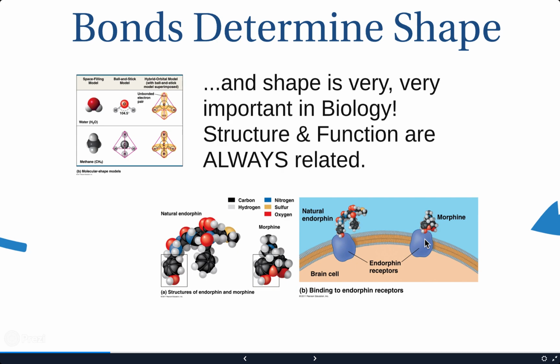When they fit in there, that allows your body to release these hormones and make you feel good. Notice they're very different, but also in a way similar because they are similar types of hormones. Their shape allows them to fit into those receptors and then allows their function to occur.